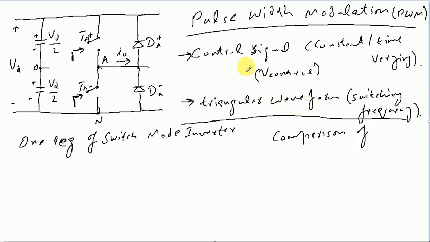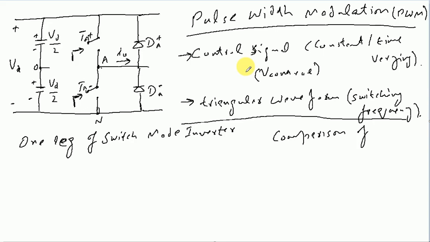And then the amplitude of the control signal has a role in determining the average DC voltage, or the average value of the output voltage that we have. So this is how these variables can be used to control the magnitude and the frequency of the output signal.